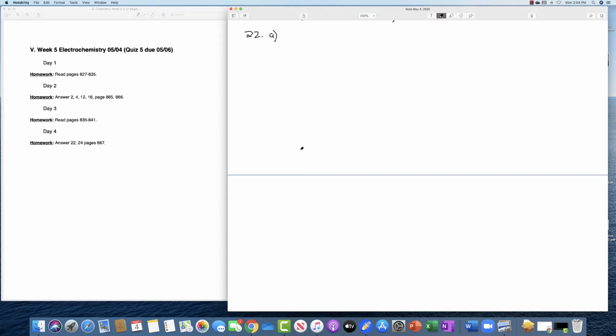So the first one is manganese solid, Mn, plus nickel 2+ goes to form manganese 2+ plus nickel solid.